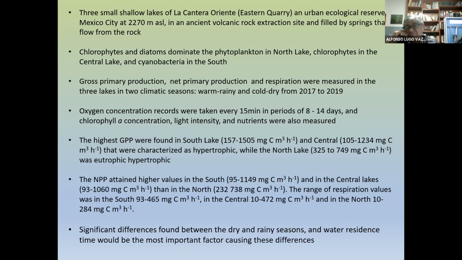It had medium levels of nitrates and around 150 micrograms of phosphorus. But the differences in primary production in the lakes and the trophic state are strong. We use this area as a very interesting site to study urban lakes because they are different from the other lakes that we have in Mexico City.